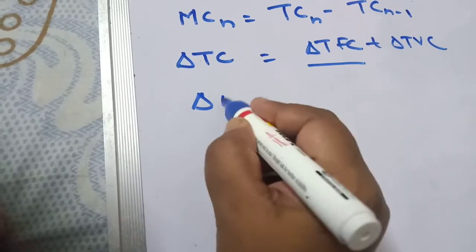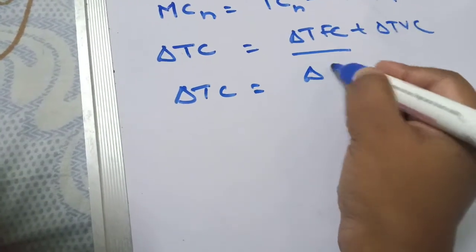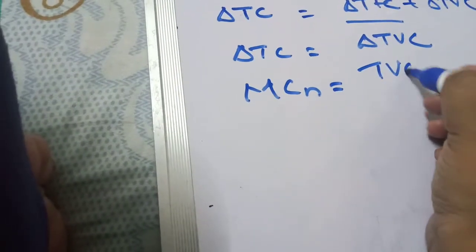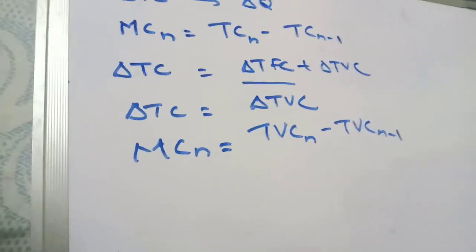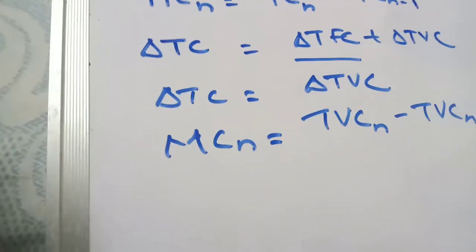So change in total cost is actually because of change in total variable cost. So MC at the nth unit can also be written as TVC of n minus TVC of n minus 1. This happens because TFC is constant.